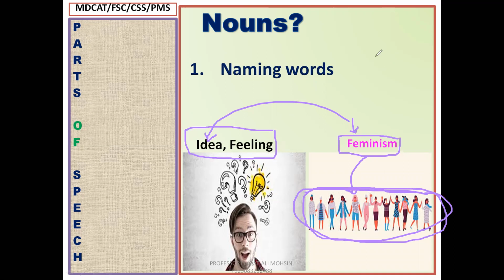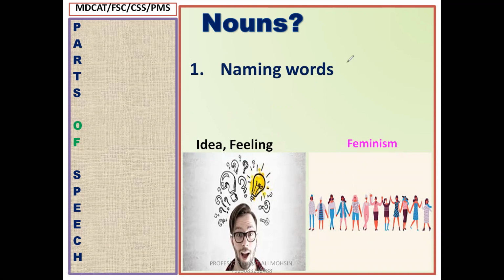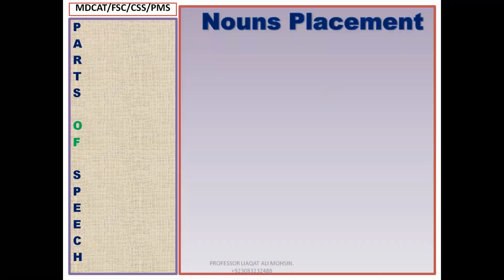That is called noun. Now we have concluded that nouns are the naming words of a person, place, thing, animal, or idea or feeling. But this is the very basic concept. The question arises: when we are talking about nouns, the first thing that comes to us is, where is the noun?